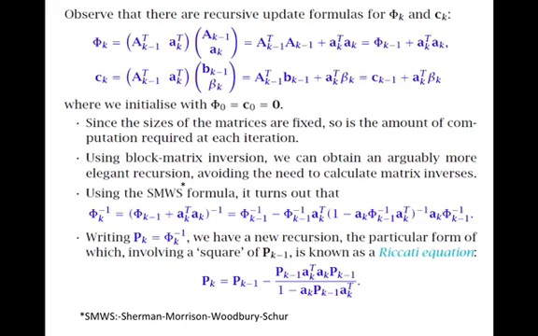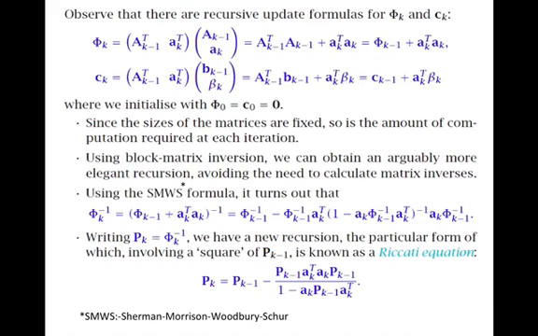We have ck equal to a row matrix of Ak minus 1 bar T, ak bar T into a column matrix of bk minus 1 and beta k, that equals Ak minus 1 bar T into bk minus 1 plus ak bar T into beta k, that equals ck minus 1 plus ak bar T into beta k, where we initialize with phi naught equal to c naught equal to 0. Since the sizes of the matrices are fixed, so is the amount of computation required at each iteration.